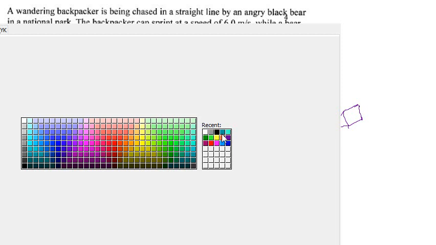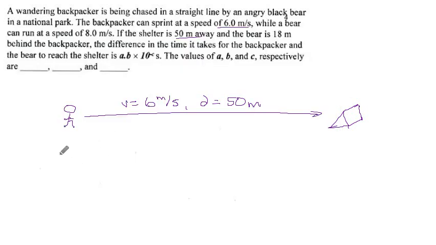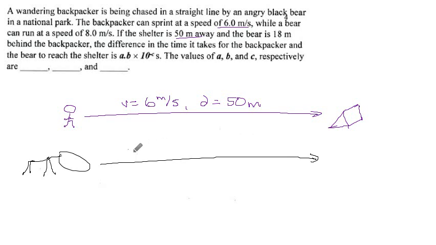While at the same time, we have our bear who is faster. Their velocity is 8 meters per second, but they have to go further. They start out 18 meters behind the backpackers. So for them to get to the shelter, they have to cover 18 meters and then another 50, overall 68 meters.